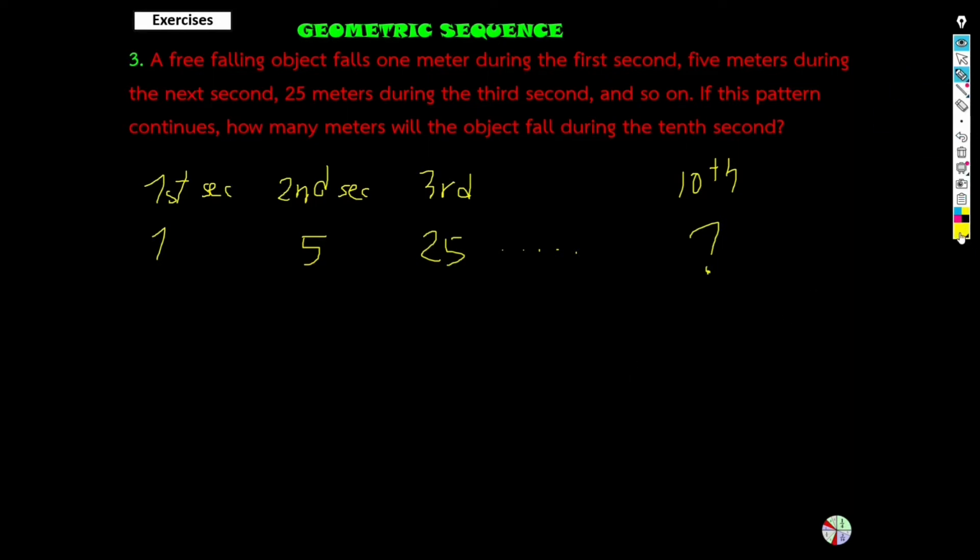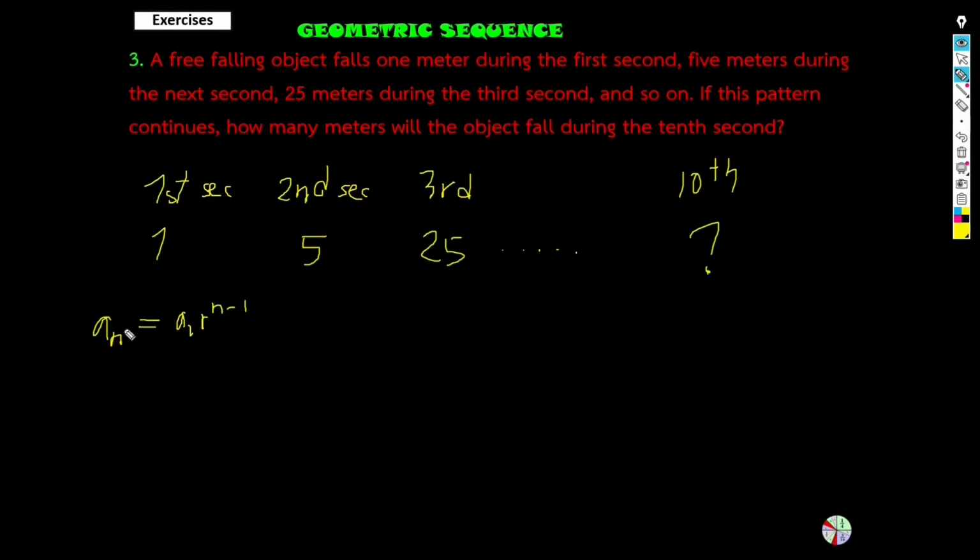Okay, so we're going to use the formula a sub n equals a sub 1 times r to the power of n minus 1.